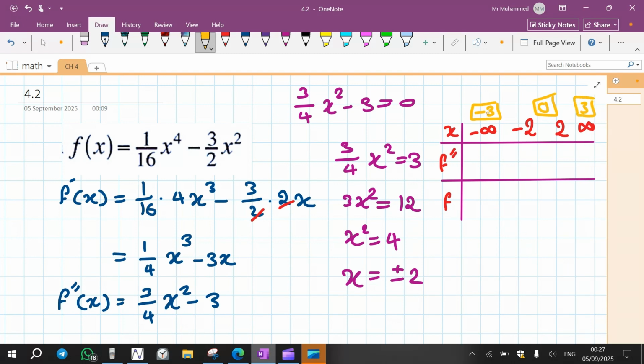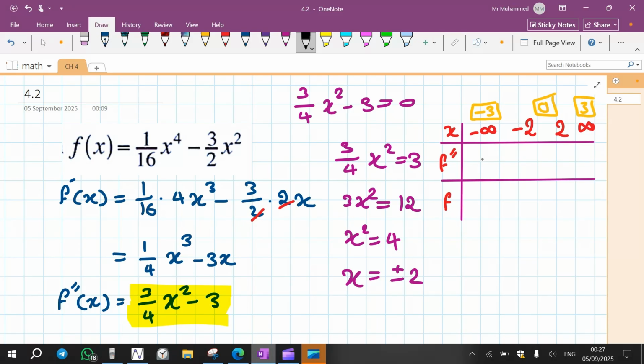Okay. These numbers should go into the second derivative. This is the second derivative. Now, if I put -3 in place of x here, -3 power 2 is 9. 9 times 3 is 27. 27 divided by 4 is definitely more than 3.